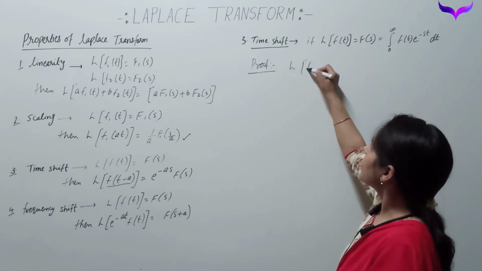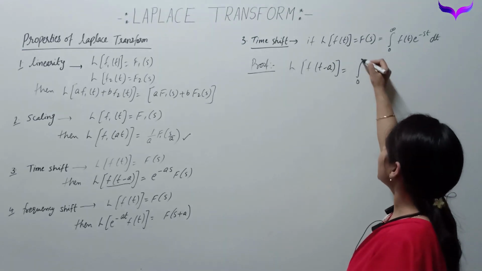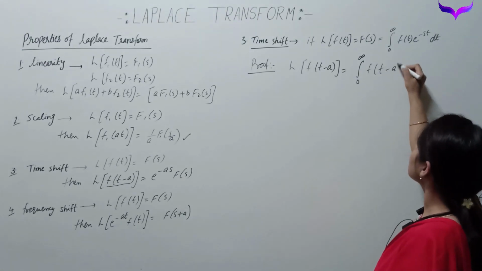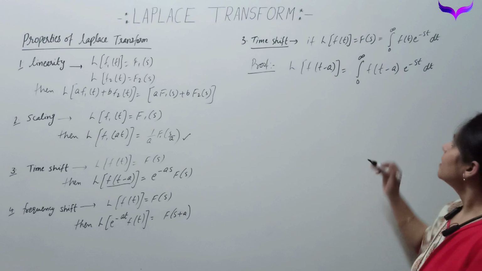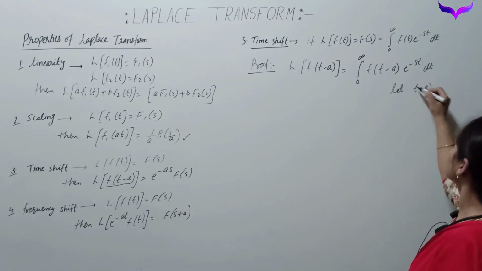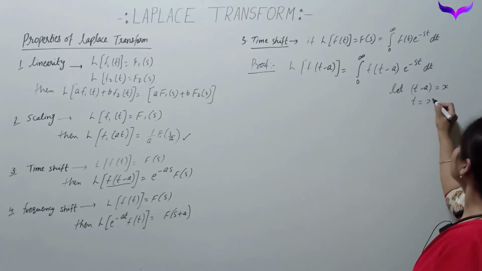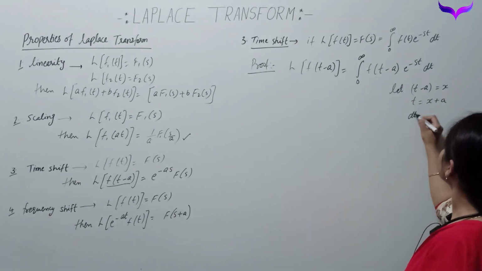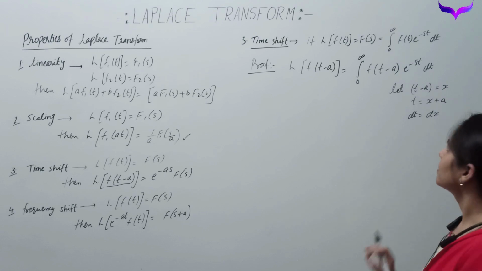Laplace transform of f of t minus a is equal to, by definition, integral 0 to infinity f of t minus a e raised to power minus st dt, right? Now let t minus a is equal to x. From here t is equal to x plus a, and dt is equal to dx, because a is a constant value, right?